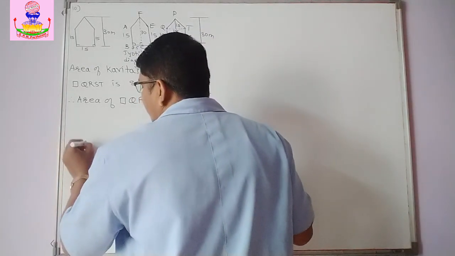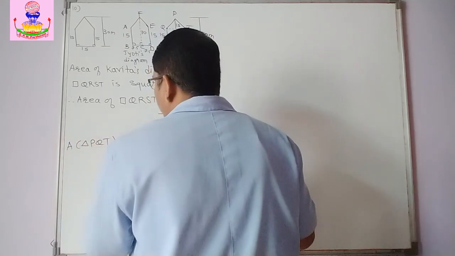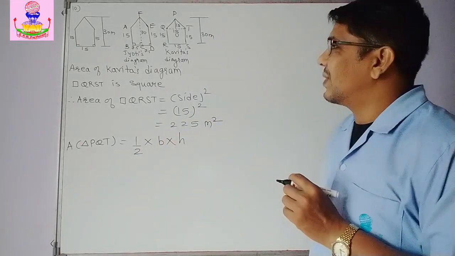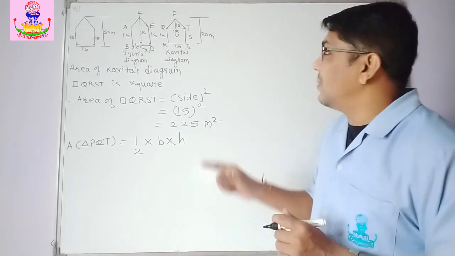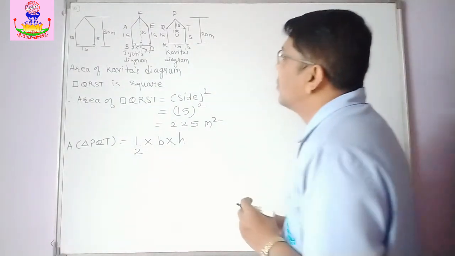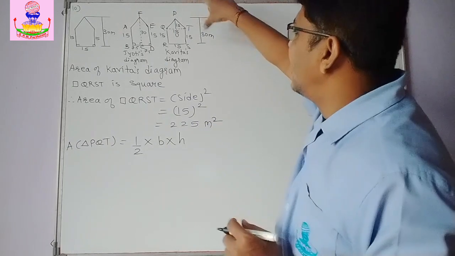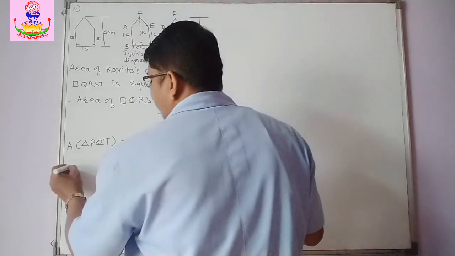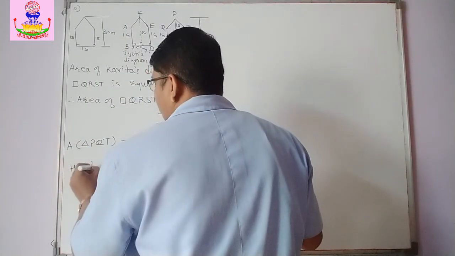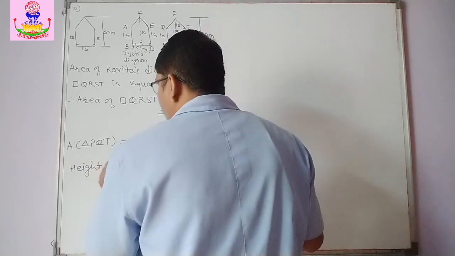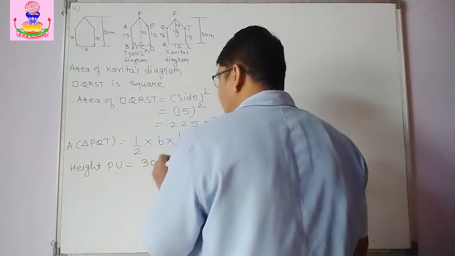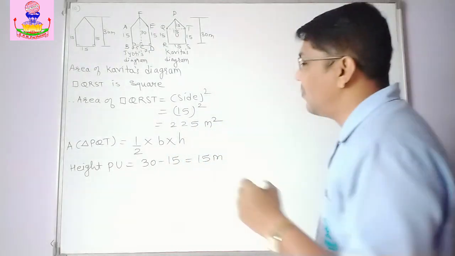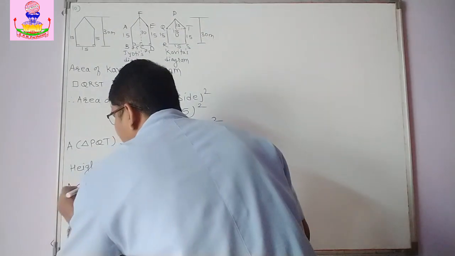Then find out the area of triangle PQT, which is half into base into height. Now we don't have the height, so first we'll find out the height, that is PU. We know that the total height is 30 and this is 15. So height PU is equivalent to 30 minus 15, that is 15 meters.